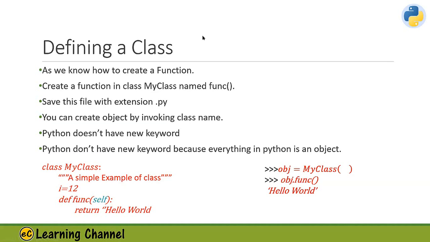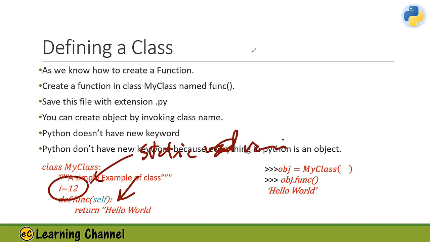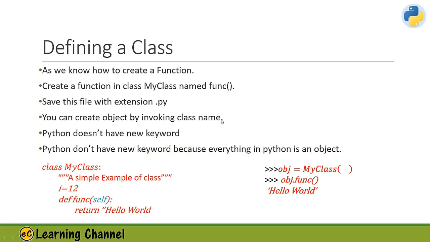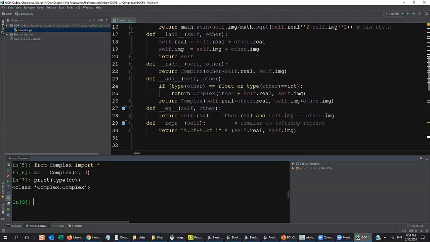If you define a variable under the class before any function, that is a class static variable that shares one copy of the variable.